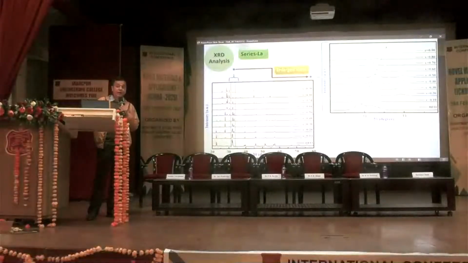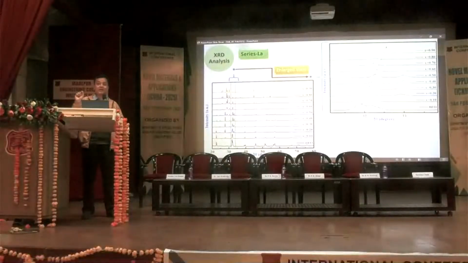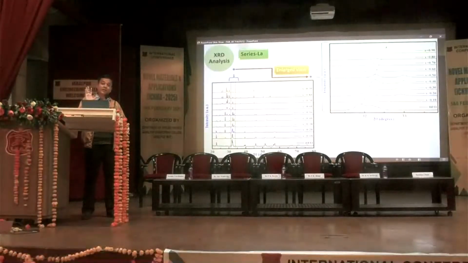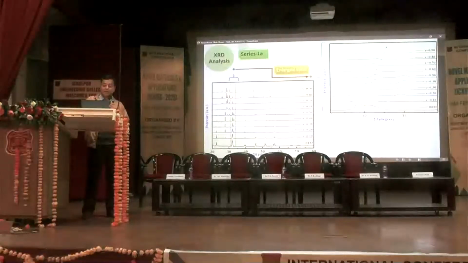Meaning, if you are adding some external material into the pure bismuth ferrite structure, some distortion occurs in the structure. And how does it reflect? It comes in the structural analysis, where if you see the peak, it is moving toward the right hand side of the figure. So something is going on.